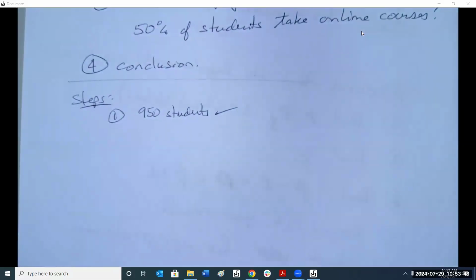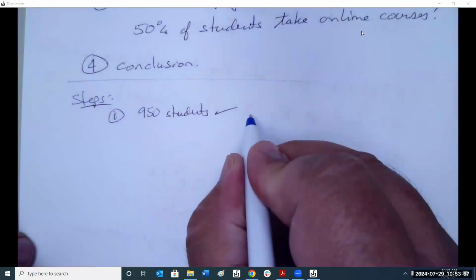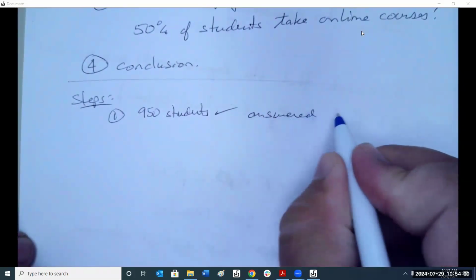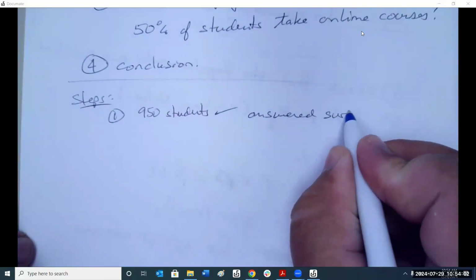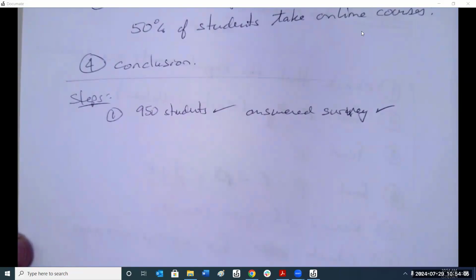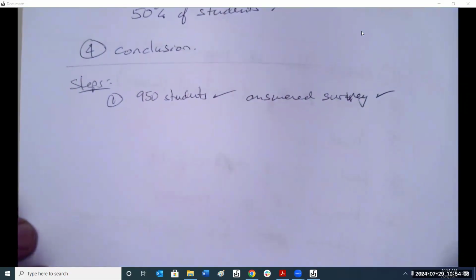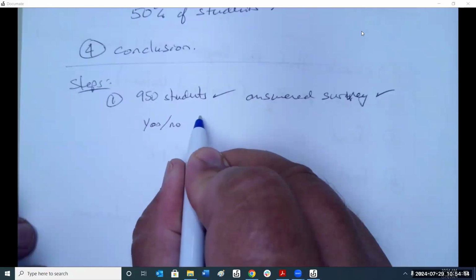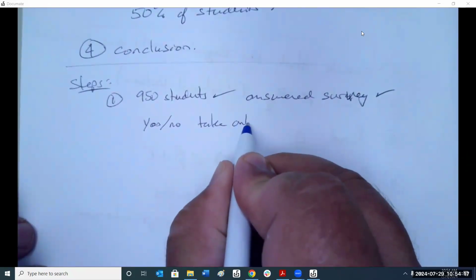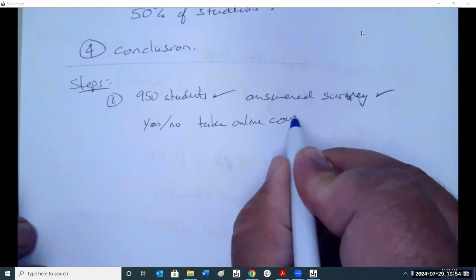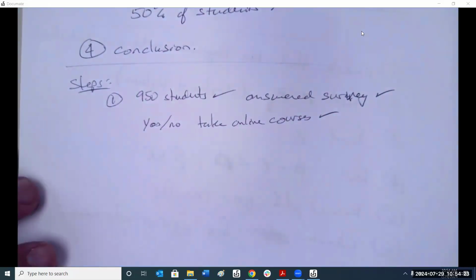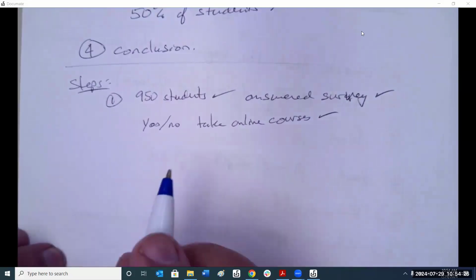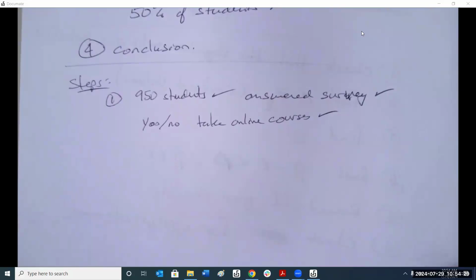Check, it's fixed. Are the trials independent? Yes, because each student answered their own survey. That's independent. Only two possible outcomes? Yes, yes or no, to take online courses. All right, only two possibilities. The probability is the same, yes. So it satisfies all that.